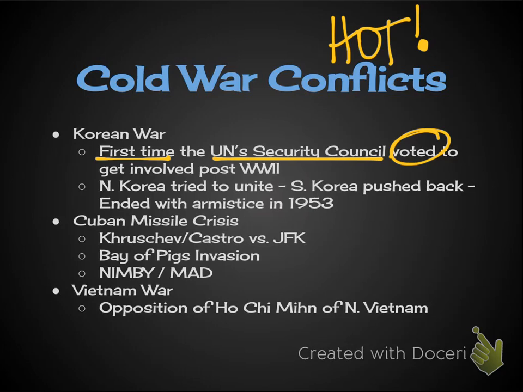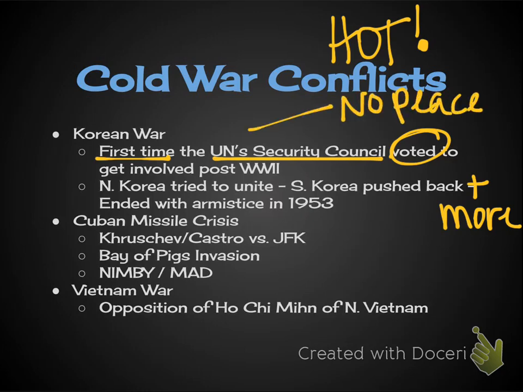We know that North Korea pushed into South Korea, trying to take it over as a communist country. South Korea pushed back, with more support. We did that originally with the UN forces. They pushed and got a little greedy, but in the end they were pushed back, and we end in an armistice. We're going to talk peace. There was, and this is a big thing, no peace treaty. They just stopped fighting.